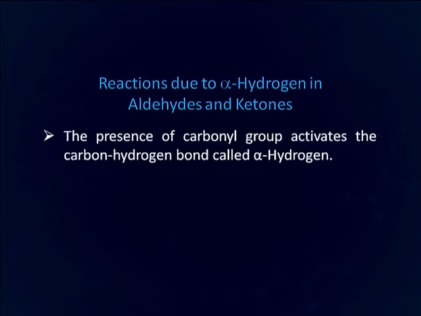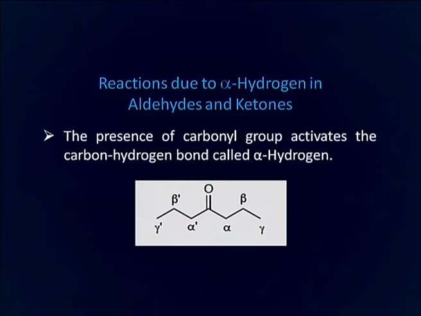The presence of the carbonyl group activates the carbon-hydrogen bond called alpha hydrogen. As you can see in this figure, this is the carbonyl group, and next to it we have alpha carbons. The hydrogens attached to this carbon are called alpha hydrogens, and because of the presence of the carbonyl group, these carbon-hydrogen bonds are activated.